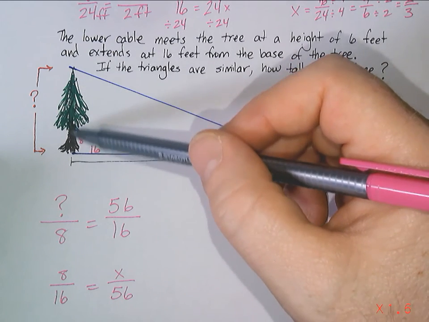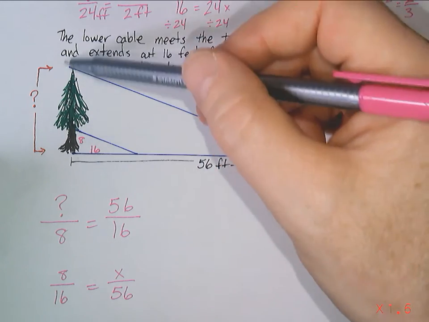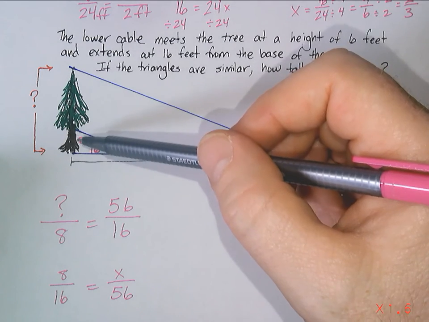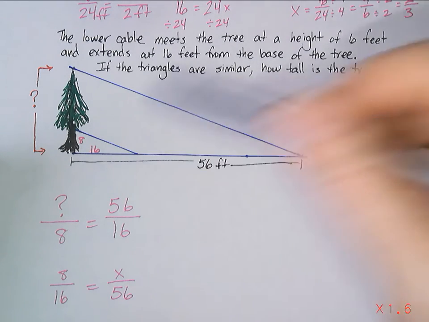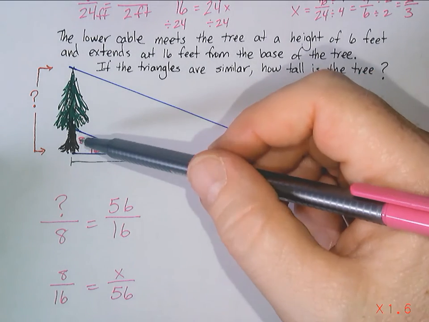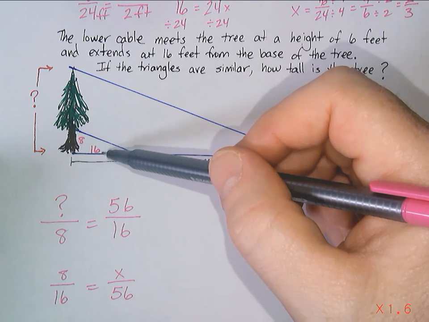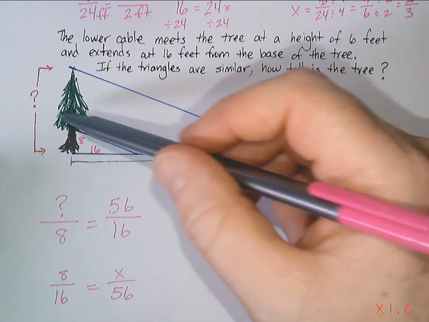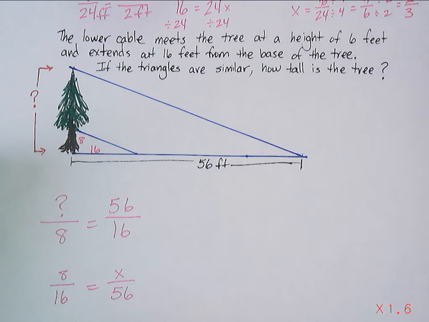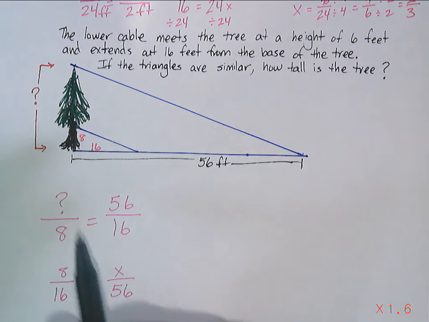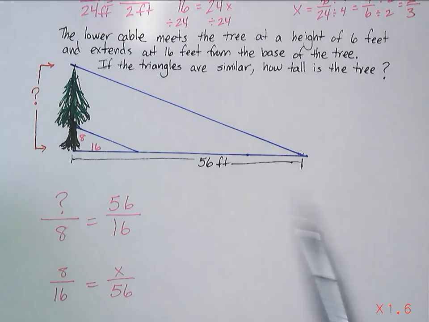It has to do more with what the height of the tree is. That's why you want to set that over top of the question mark, or vice versa. If you want to put the ratios of 8 over 16, that's fine, but you're going to have to do the question mark over 56 in this situation here. So again, it doesn't matter which way you do it. As long as you're consistent, you'll still get the same answer.